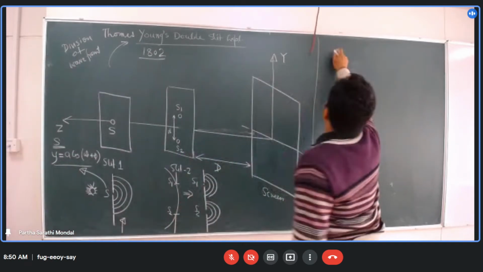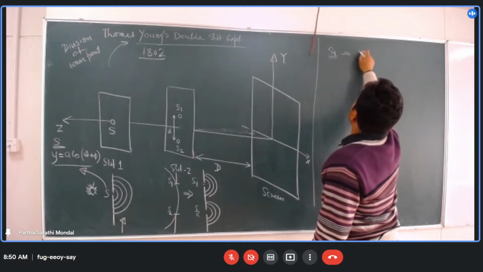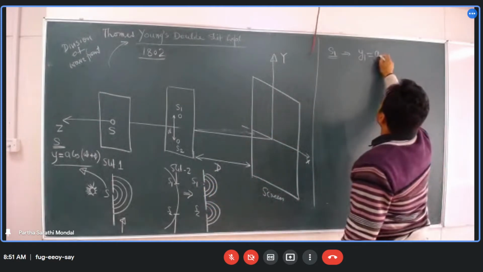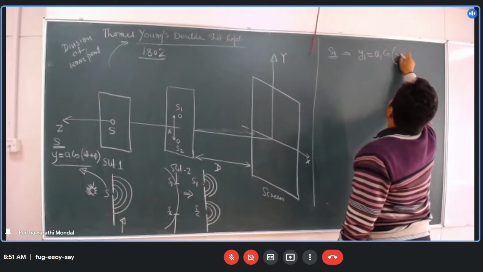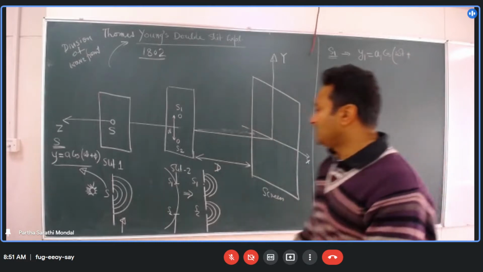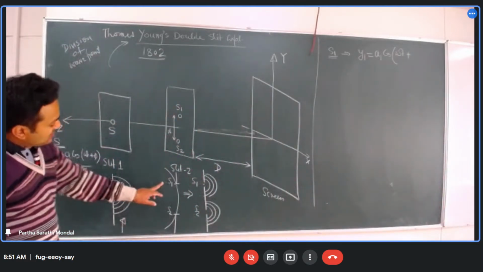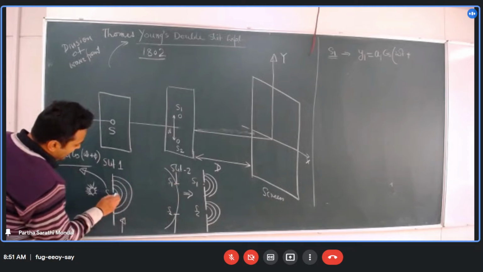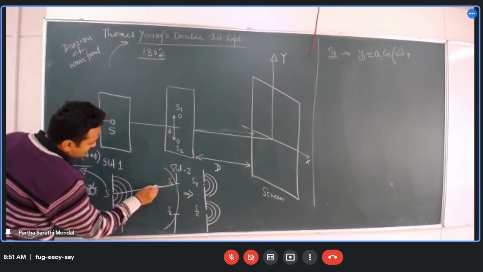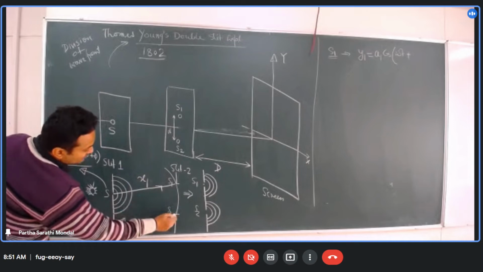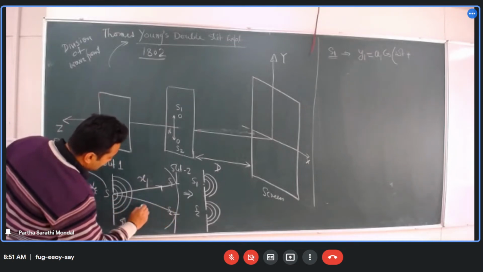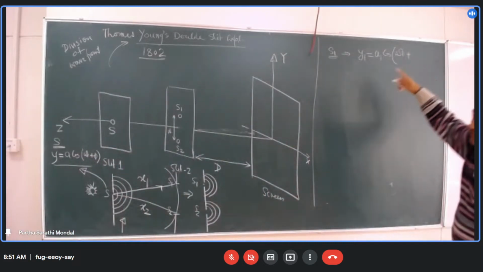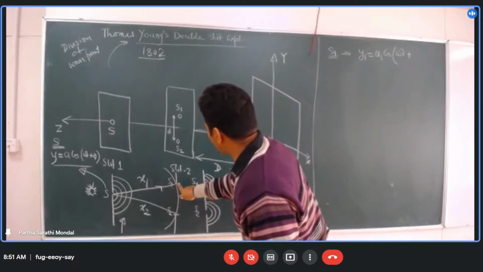So for the S1 source you can write the equation, let's say y1, and the intensity will be different, that is no issue. So y1 equals a1 cos(omega t plus ...). What will be the initial phase of the light coming out from S1?